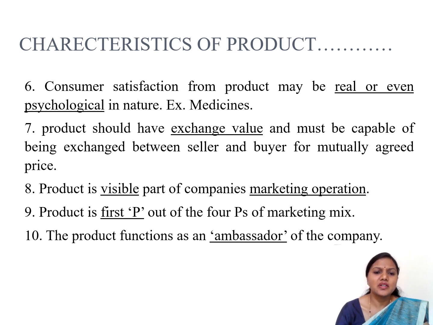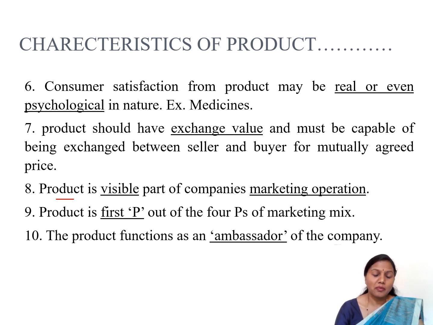Next, the product is the visible part of the company's marketing operation. Without the product, we cannot say that the company is a marketing company, right? To call a company a marketing company, or to say the company is carrying on a marketing business, there should be something, right? So there should be a product. Then the product is the first P out of the 4 P's of the marketing mix.